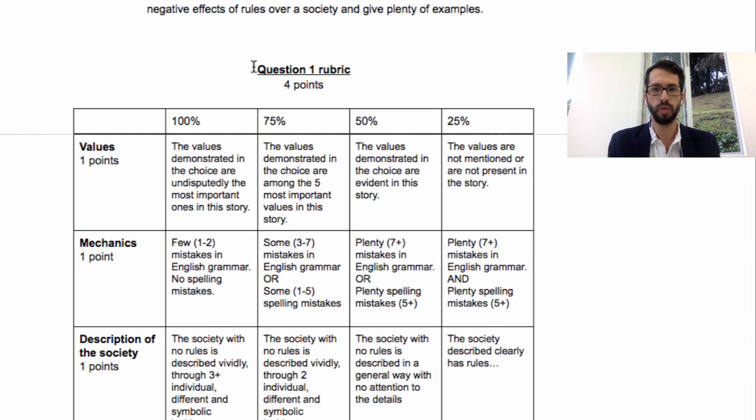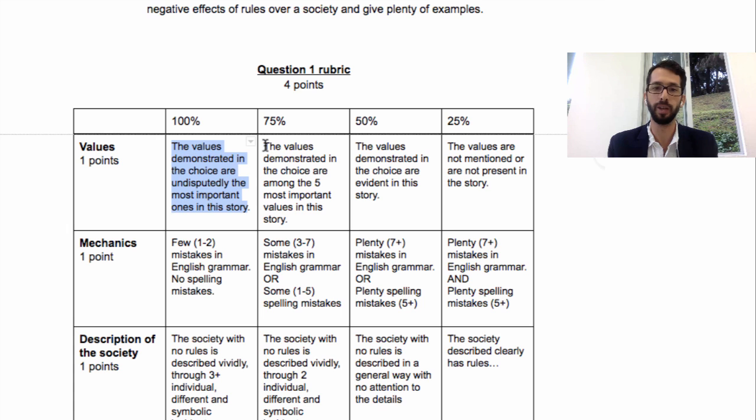For each one of the questions, there is a rubric. This is the rubric for the first question. A complete answer is worth 4 points. 1 point goes for the values. If the values demonstrated in the choice that you are explaining are undoubtedly, undisputedly the most important ones in the story, 100%, you get 1 point for that.